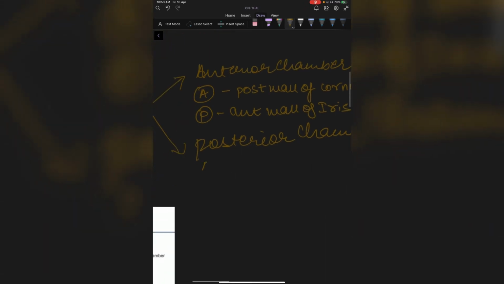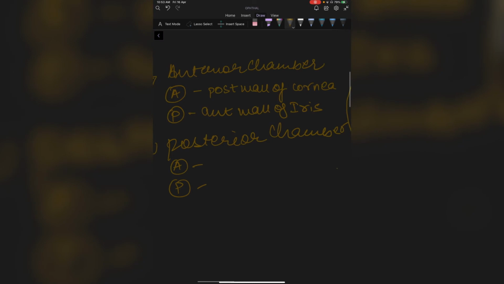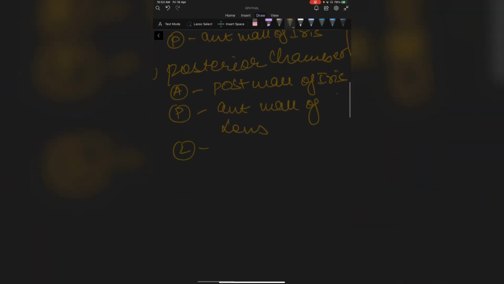Similarly, the posterior chamber is formed anteriorly by the posterior wall of the iris, posteriorly by the anterior wall of the lens, and laterally by the ciliary bodies.